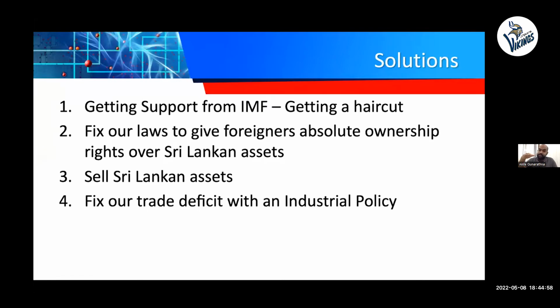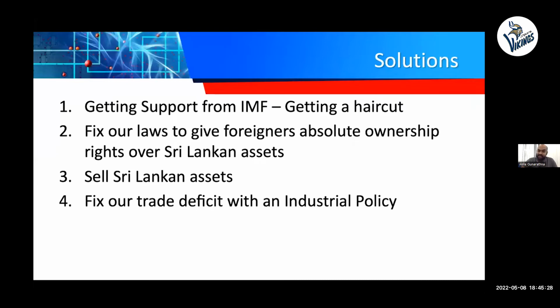Then another solution is we can mortgage some of the assets and get some loans. But politically, it's very difficult. I'm not asking for all the assets, maybe selected assets, a couple of assets, but it's not a very popular option. Even personally, I might not like it because of the situation we are in, but that can be one option.